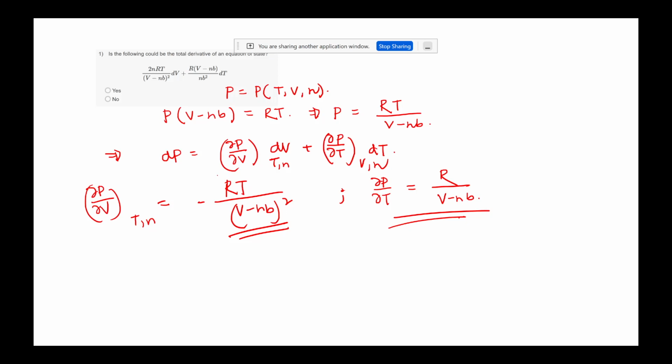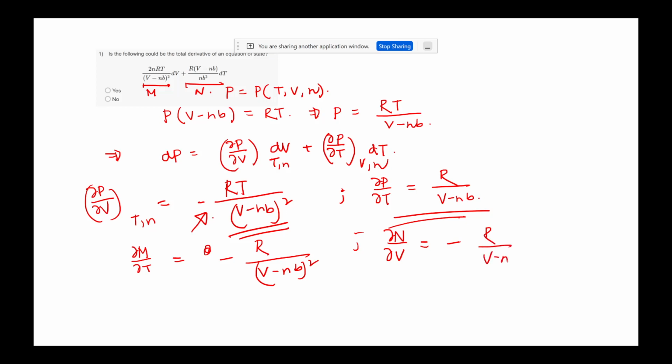Now if you write it and check, this coefficient is M and this is N. Now if you do del M del T, let's do this first, you get minus R over (V minus nb) squared, and if you do del N del V, then also minus R over (V minus nb) squared.